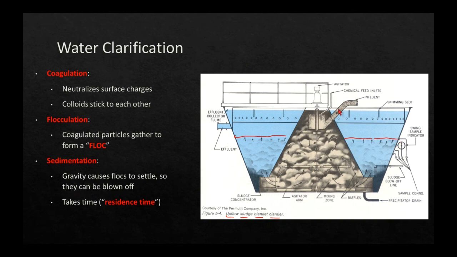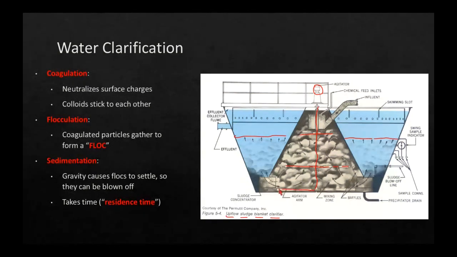Okay, and so here's what we got going on. Motor on top, little electric motor, a shaft, and we've got all of these stir sticks in here, paddles that serve to mix the raw water with the coagulant.